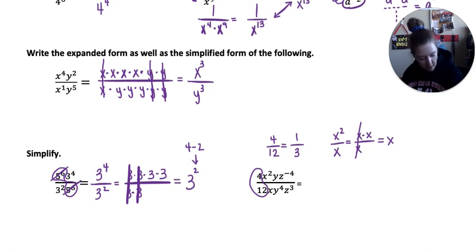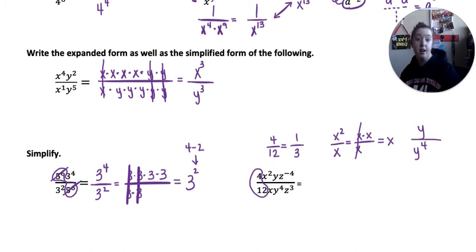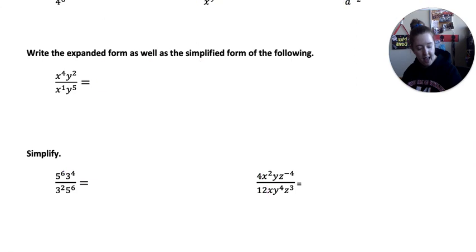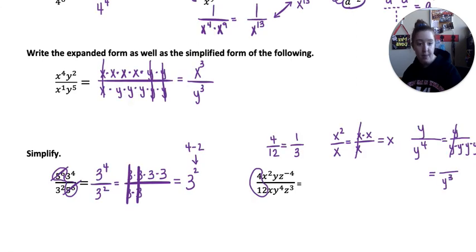So we have a y in our numerator and a y to the 4th in our denominator. So that means we have 4 y's down on the bottom. One of the y's in numerator and denominator will cancel out. So we just have 3 y's left in the denominator. So we have 1 over y cubed.